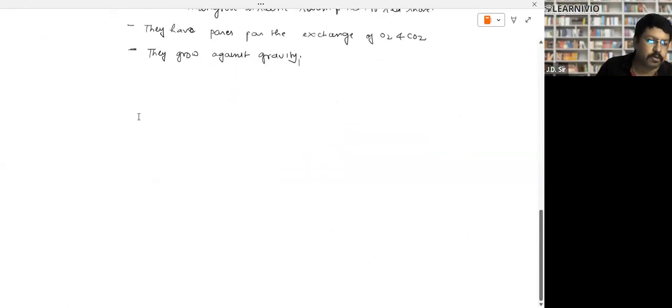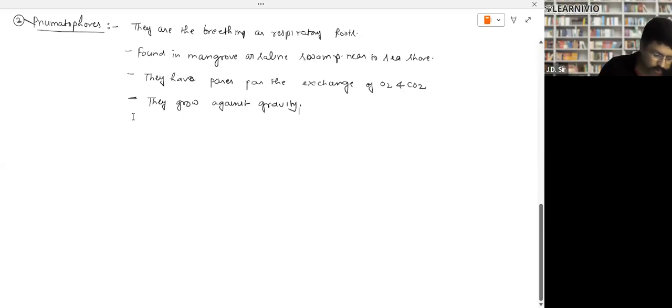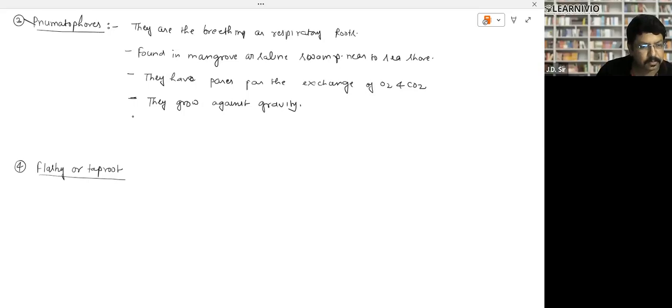So the fourth kind of root is called fleshy or taproot. Right? You can say fleshy taproot.